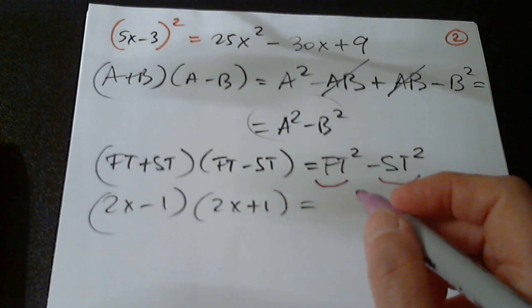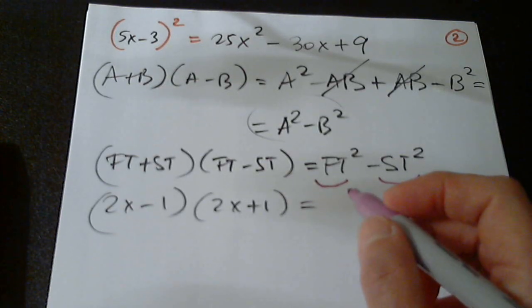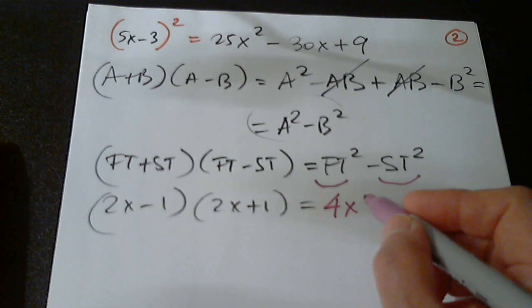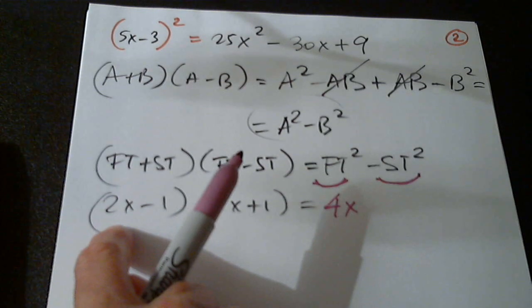So can anyone follow the pattern and tell us what it is? Two x squared minus 1 squared, or 1. Well, how much is 2x squared? Oh. So that would be 4x minus 2. Sorry, plus 2. We're following the pattern. We have to square this.